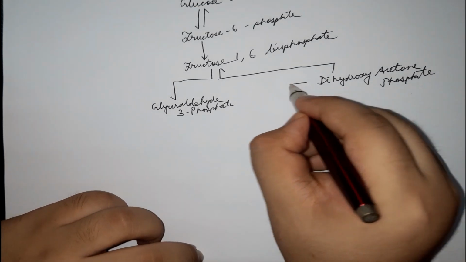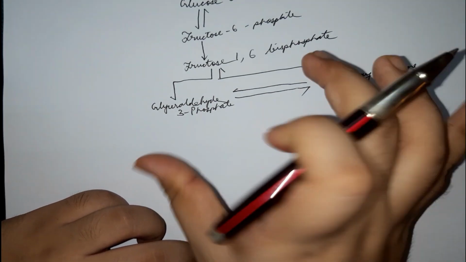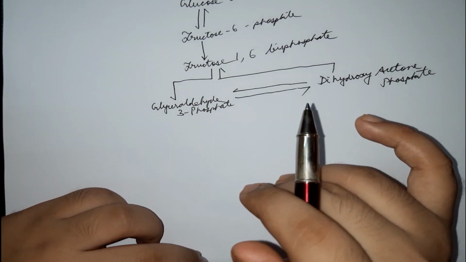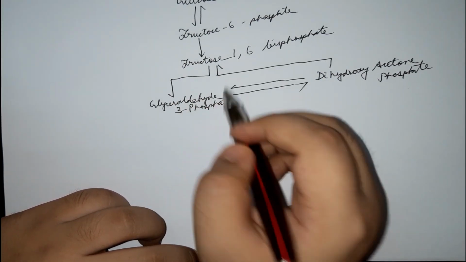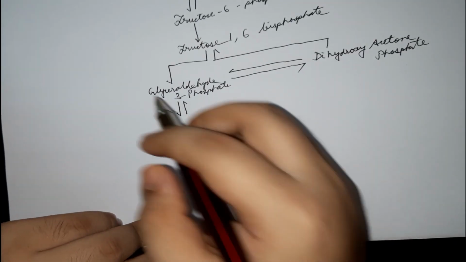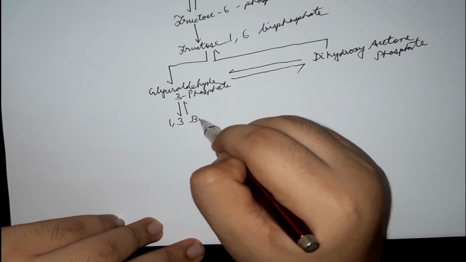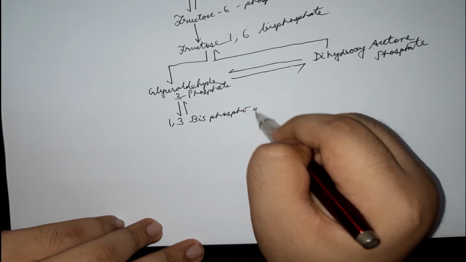Now dihydroxyacetone phosphate and glyceraldehyde 3-phosphate are readily interconvertible. And what happens is that glyceraldehyde 3-phosphate will in turn be converted into 1,3-bisphosphoglycerate.